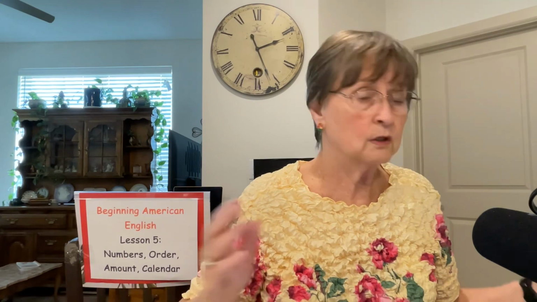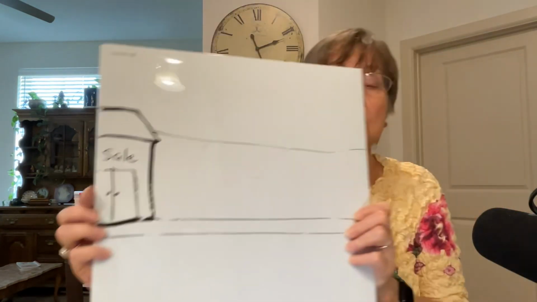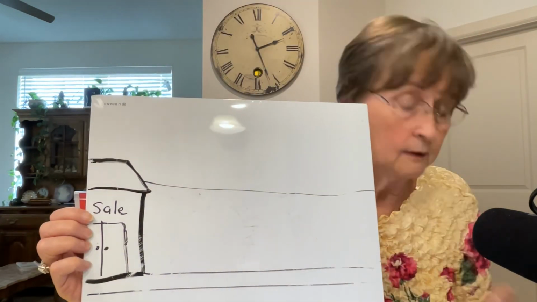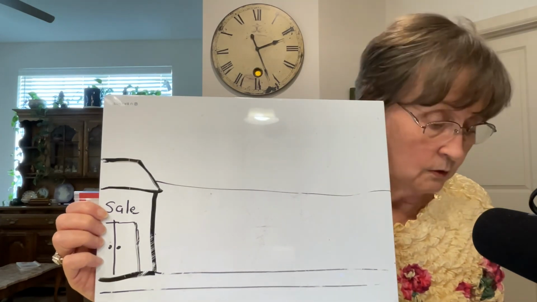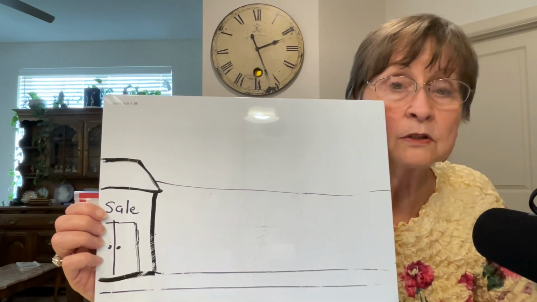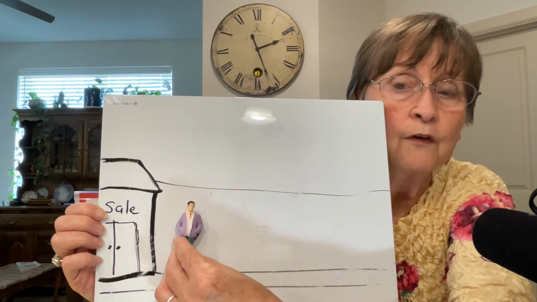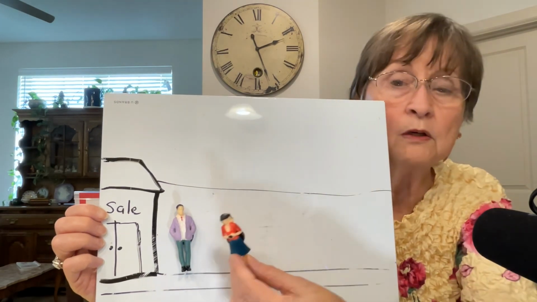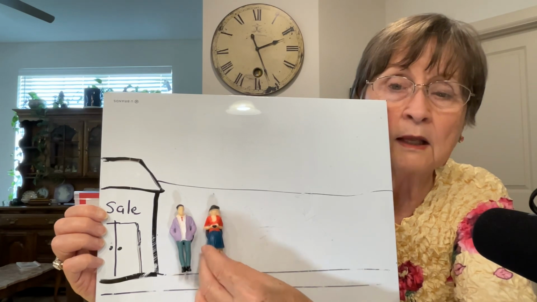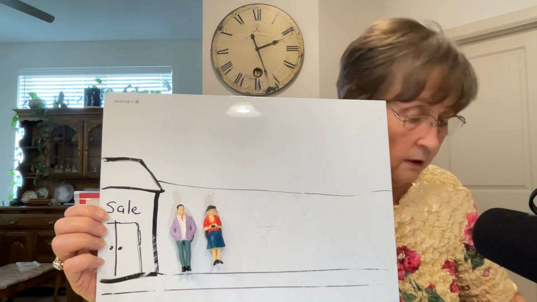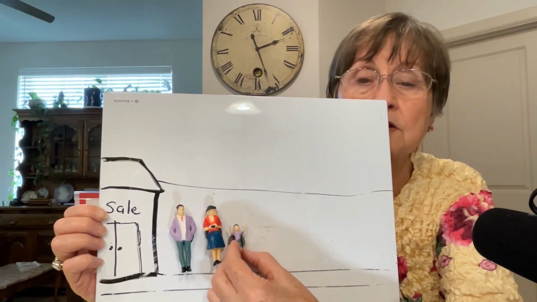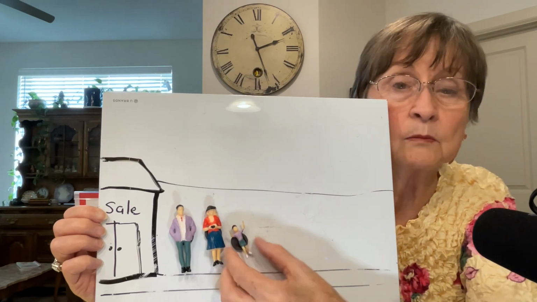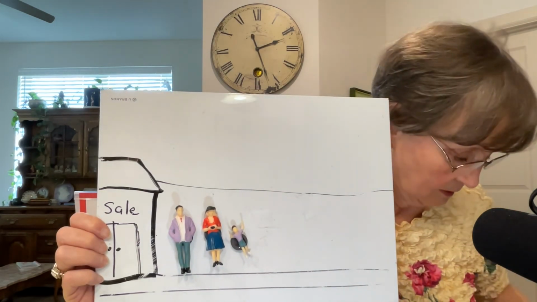Another time we use them is when we're talking about order. Now here's a store. It has a sale. So some people are coming to the sale, but the door is still locked. It's not open yet. He got here first. He's first in line. Then she arrived. She's second in line. Here he comes. He's third in line. I think he wants to buy some toys that are on sale.